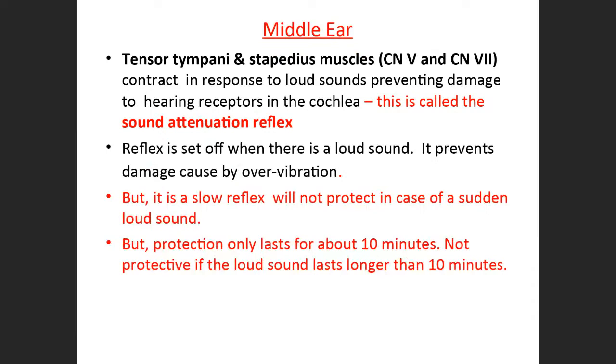Okay, the sound attenuation reflex. This is a reflex carried out by cranial nerve number 5 and cranial nerve number 7, the trigeminal nerve and the facial nerve. What they do is respond to loud sounds by contracting the tensor tympani and the stapedius muscle.